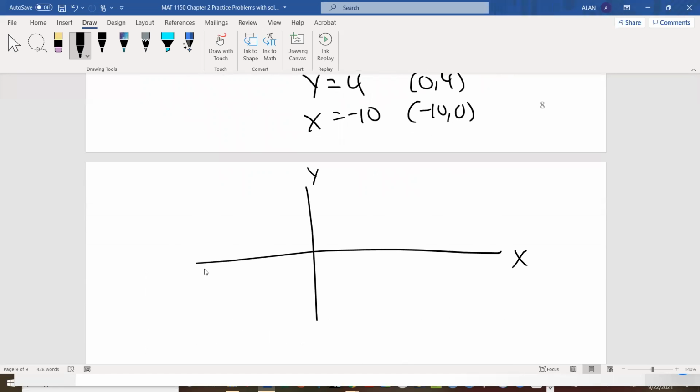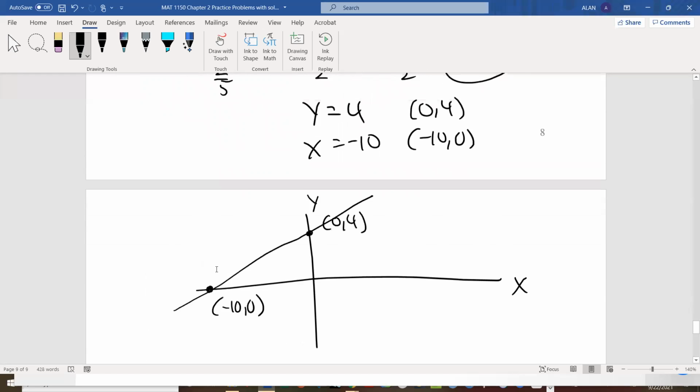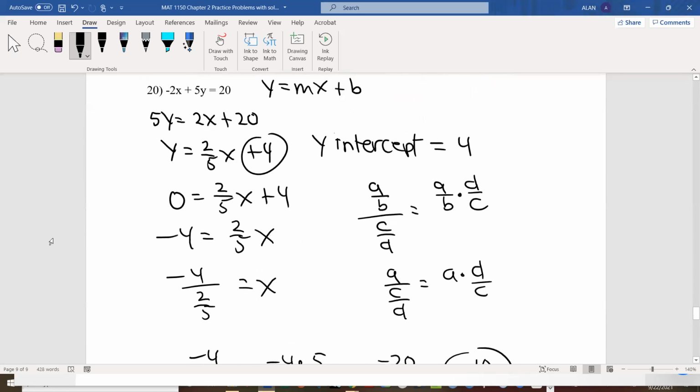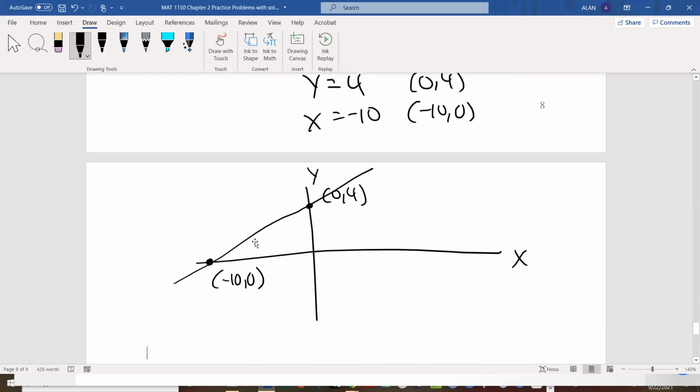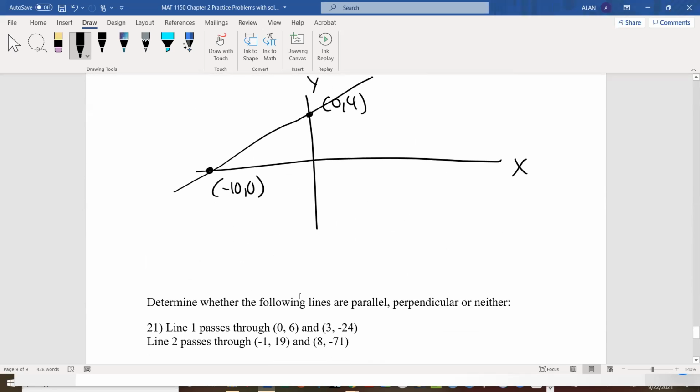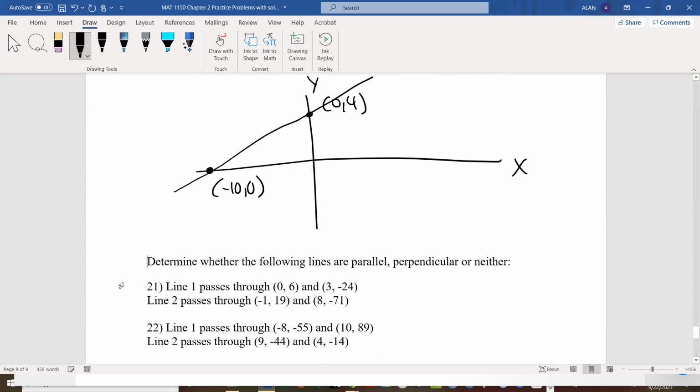So 0, 4 is here. -10, 0 is way out here somewhere. And then this is our line. Okay, and the slope you can see is 2/5. It's positive, but not very steep. Nice.